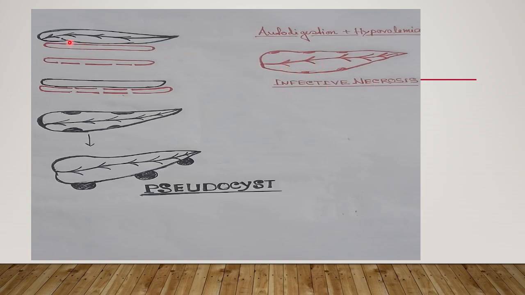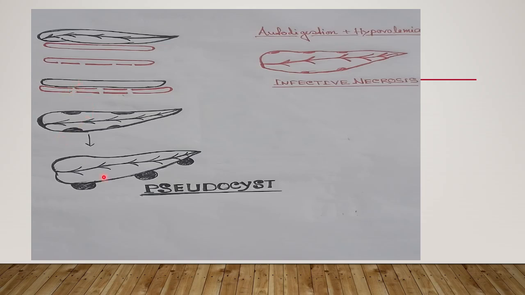And another one is due to the increased permeability. This is the normal picture, normal pancreas and normal blood vessels. In the presence of cytokines, the permeability increases. If the permeability increases, then fluid from the blood vessels shifts to the pancreas.